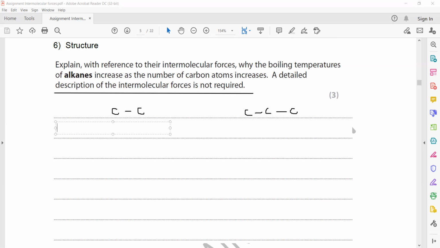What is the reason for that? First, they have induced dipole forces. Then these forces depend on the number of electrons.